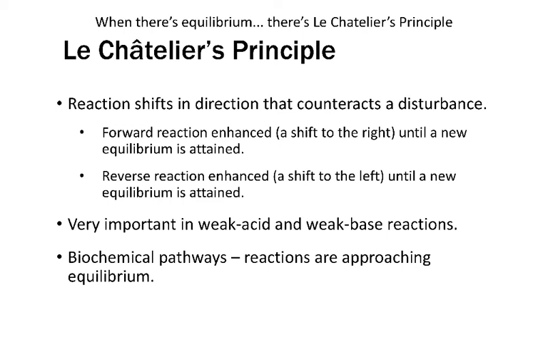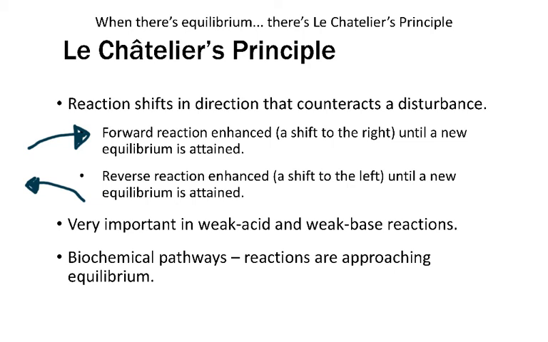So a reaction shifts in a direction that counteracts a disturbance. A shift to the right would be what we call when a forward reaction is enhanced, more product is formed. A shift to the left, or to the reverse reaction, more reactant is formed, is what we call a shift to the left. So this is really important in weak acid and base reactions because they are at equilibrium, right?